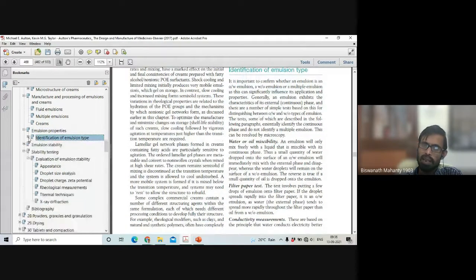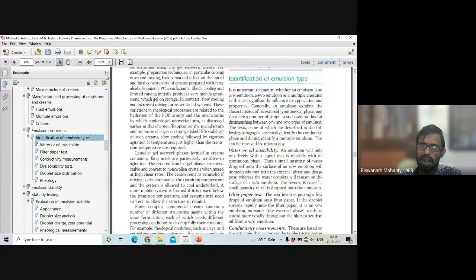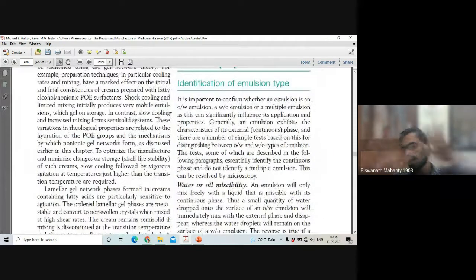This test is very important. Don't read the text here; let me discuss it first. For example, you are provided with one emulsion, or you have prepared one emulsion. But how do you know whether it is oil in water or water in oil? This is a very, very important question.